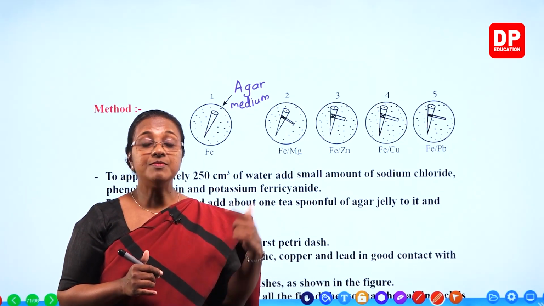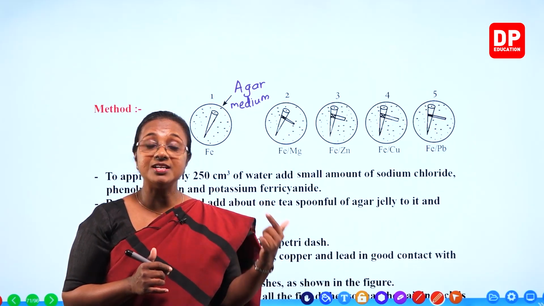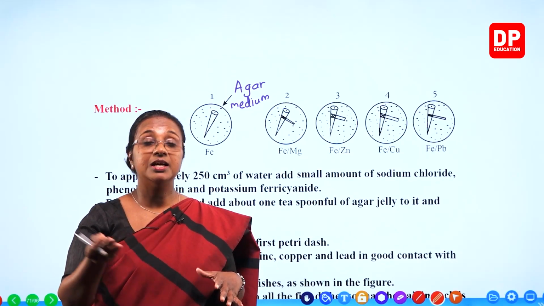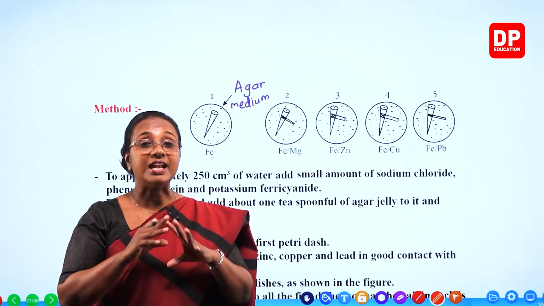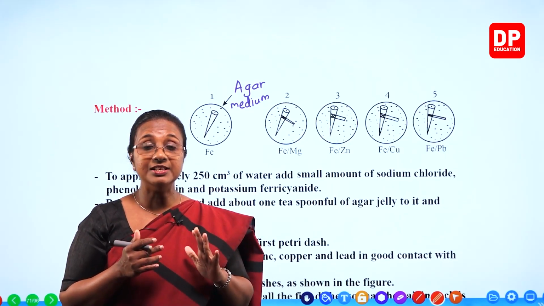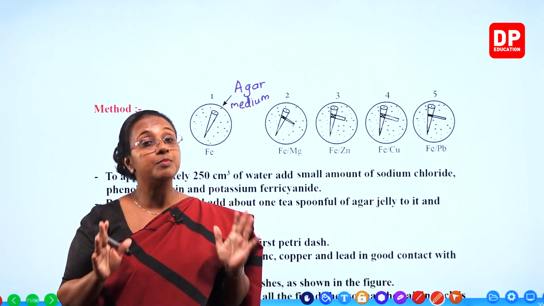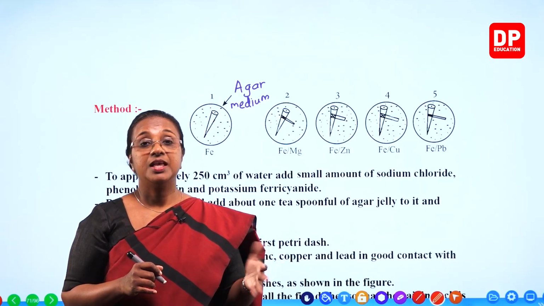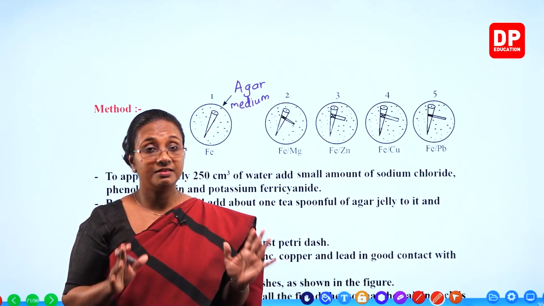We add them, mix them together, and once water starts boiling, you add the agar powder little by little so that it doesn't form clumps. Agar will dissolve completely in boiling water. So once it's boiled completely, then we have the solution ready.